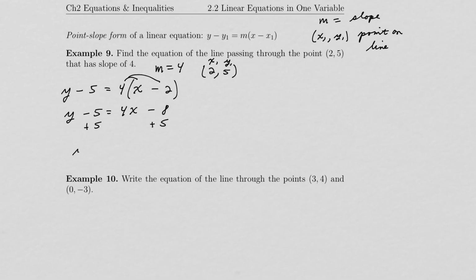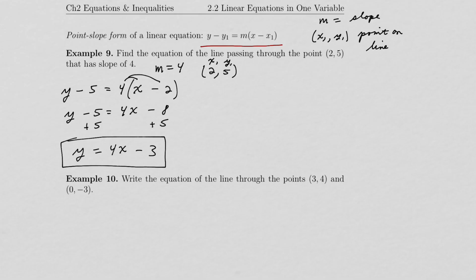So I have y equals 4x, and then I have minus 3. Okay, and that's the equation of the line, right? That has a slope of 4 and passes through the point 2, 5. So often this point-slope form here is very useful for finding the equation of a line.